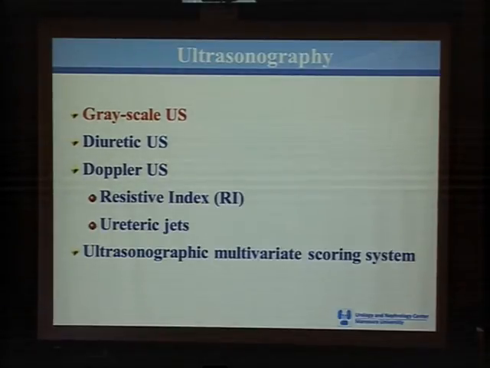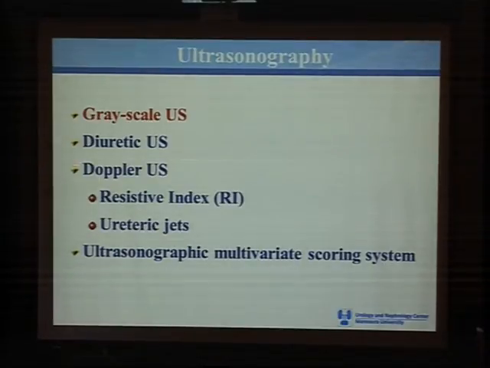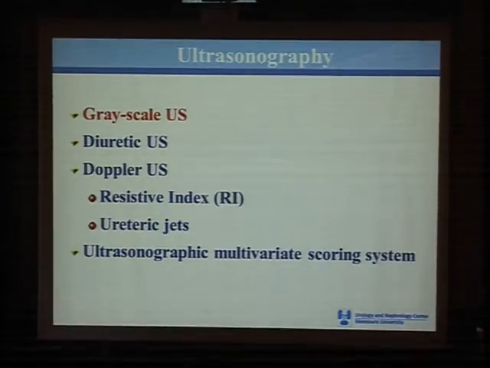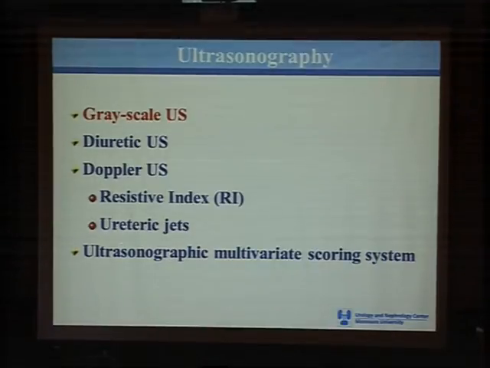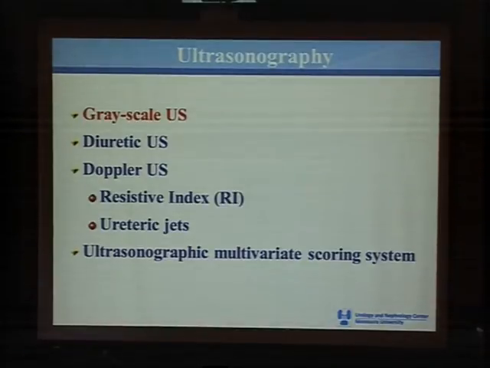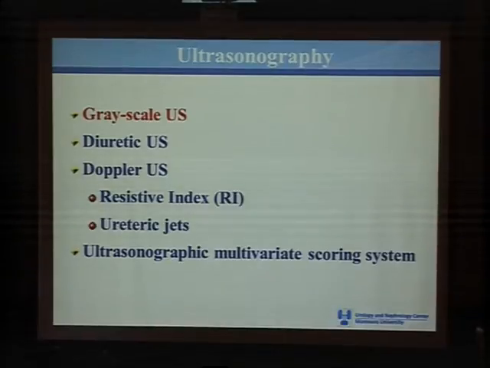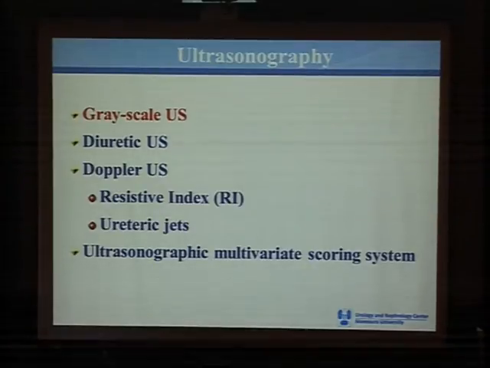Then diuretic ultrasound, then Doppler ultrasound. This includes renal resistive index and ureteral jet, and then a combination of several items together, we call it ultrasonographic multivariate scoring system. So we are going to start with the grayscale ultrasound.